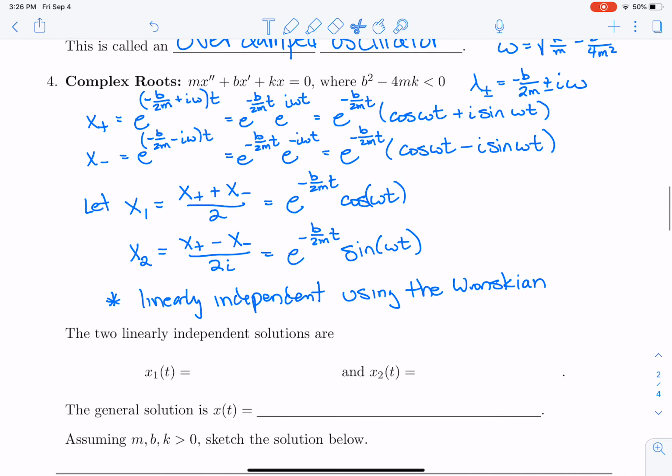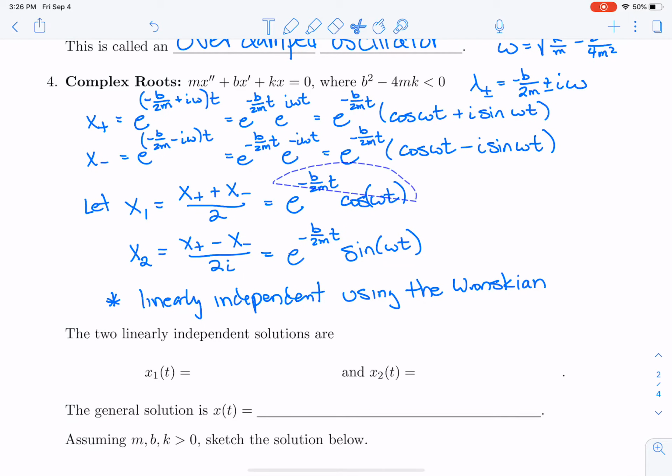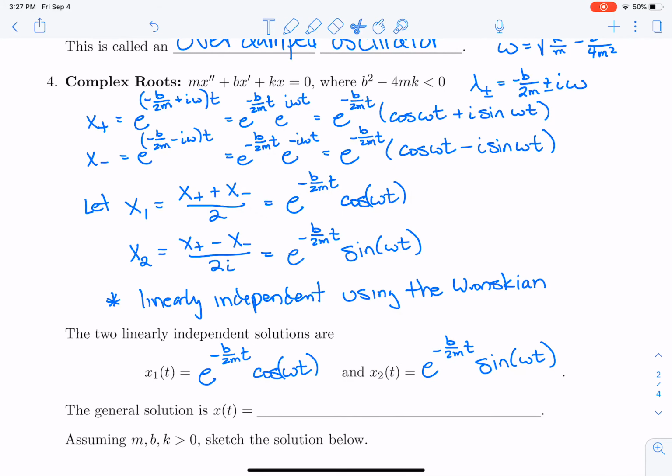And so these are going to be my two solutions. They are going to be e to the minus b over 2m t cosine omega t, and then e to the minus b over 2m t sine of omega t.